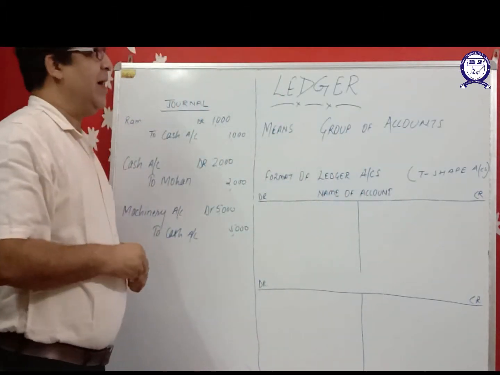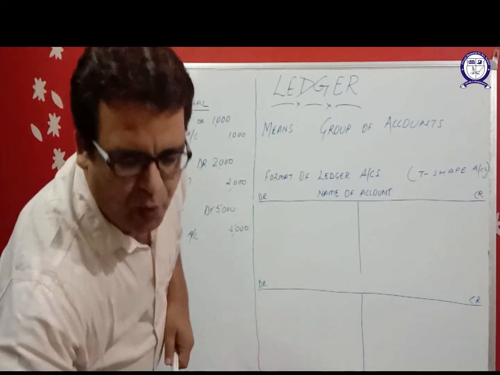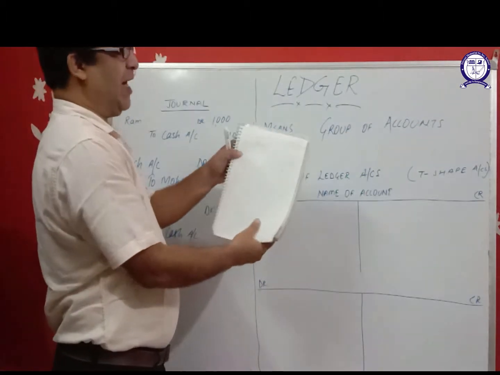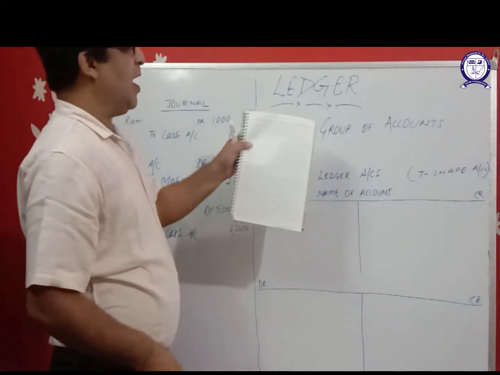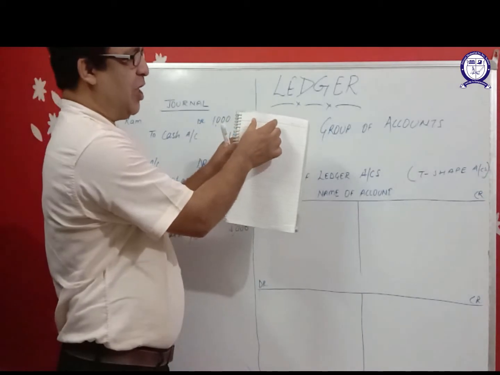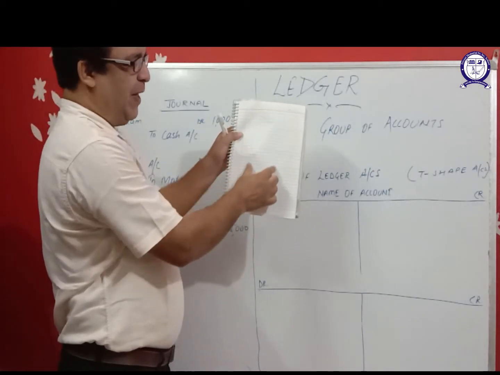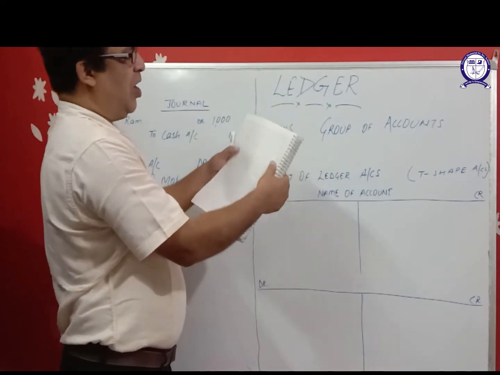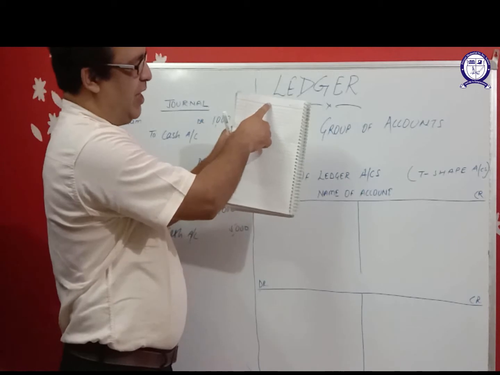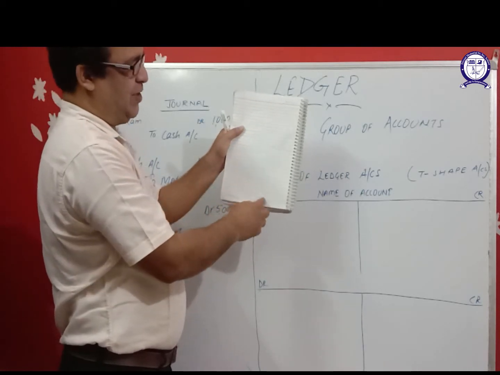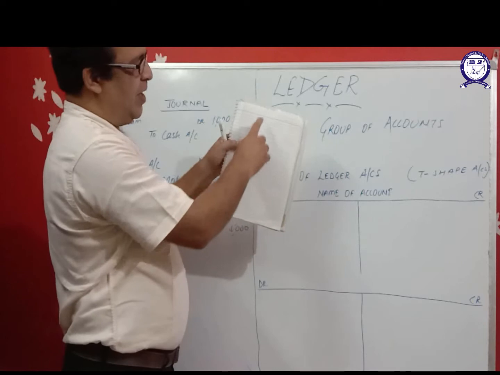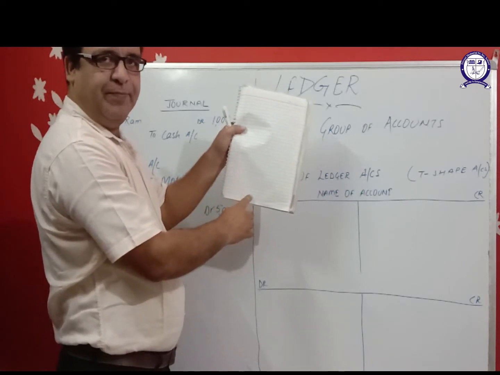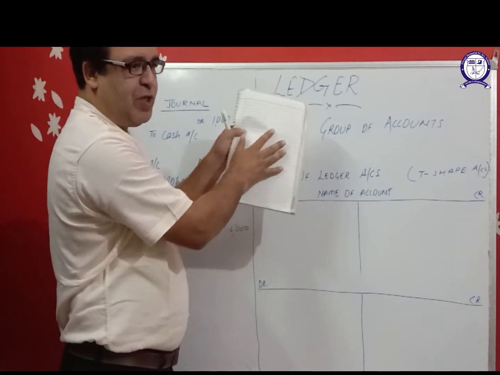Let us understand with an example. Suppose this is a register. Look at this. Suppose I record the transaction related to Ram on this page, and I write the transaction related to Sham on the next page, and on this page I record all the transactions related to machinery. This will become the account of machinery.